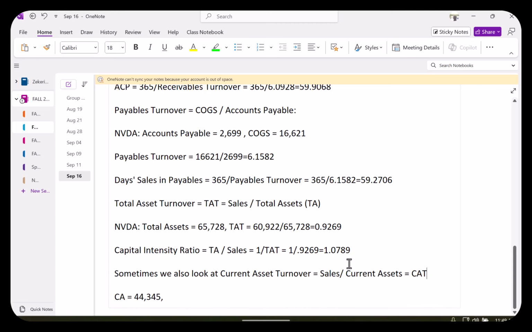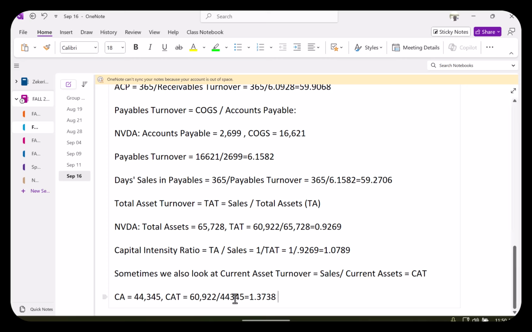By the way, this is not a ratio that's in your book, but if you're analyzing a firm, you should always look at it. So every dollar of current assets generates about $1.37 worth of sales. You want that number normally to be high.